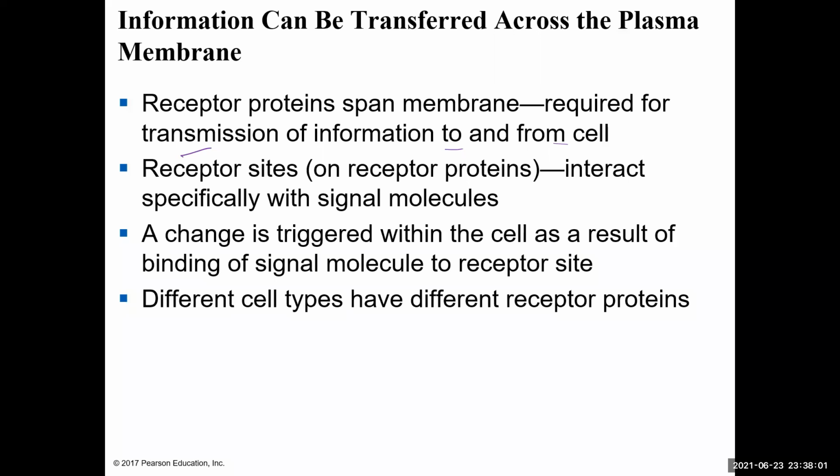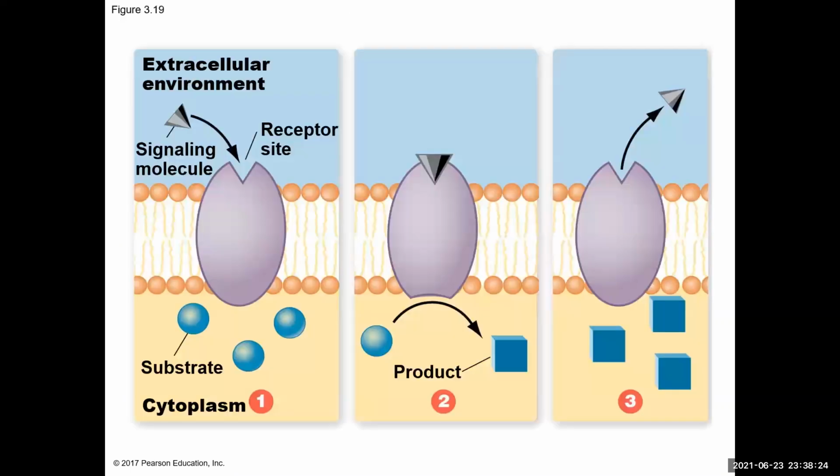And when they attach to that receptor site, there's a change that happens, and there is some sort of cellular process or reaction that happens as a response to that signaling molecule binding to that receptor site. So, for example, you have your receptor protein here, the signal molecule coming in and binding.